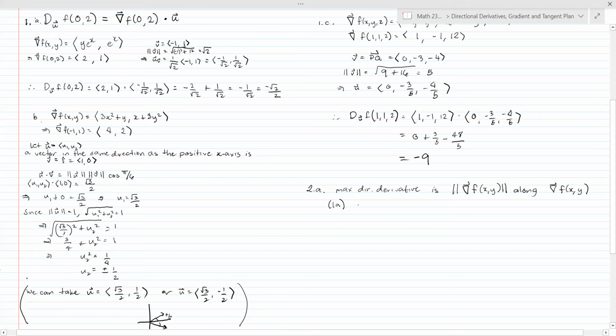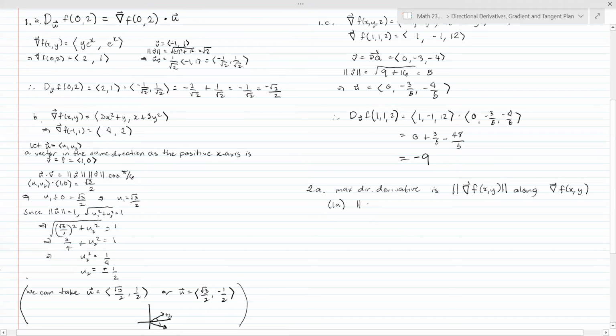So that's yung max directional derivative is norm ng gradient of f at (0, 2), or norm ng vector (2, 1). This is square root of 4 plus 1, square root of 5, along (2, 1).